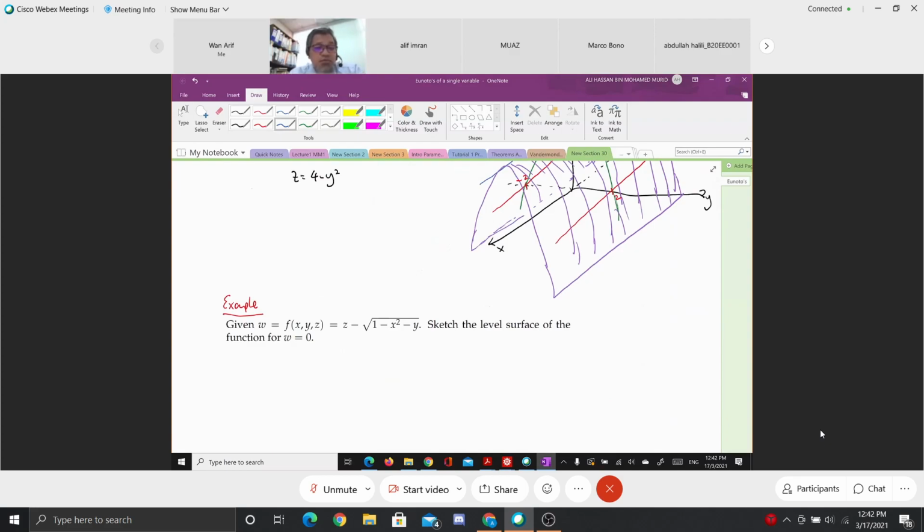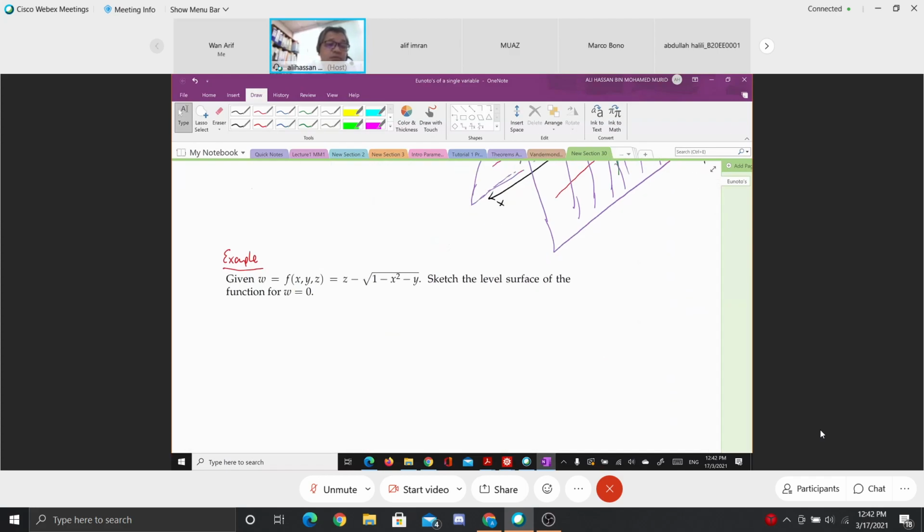Okay, let's talk about the domain first. What is the domain? The square root is defined only for non-negative real numbers, right?